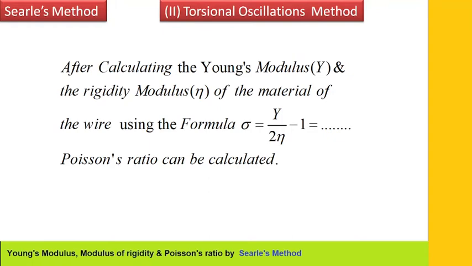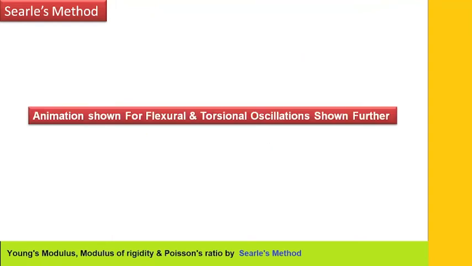So after finding Young's modulus and modulus of rigidity, we can calculate Poisson's ratio, that is sigma. So that is all about Searle's method, and animation is shown for flexural as well as torsional oscillation.